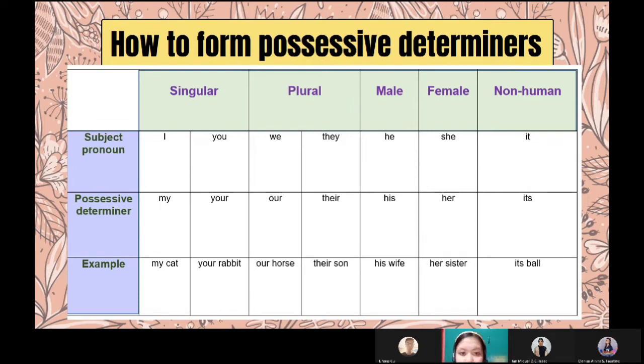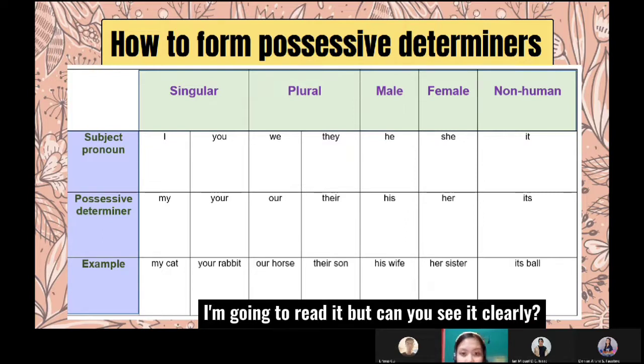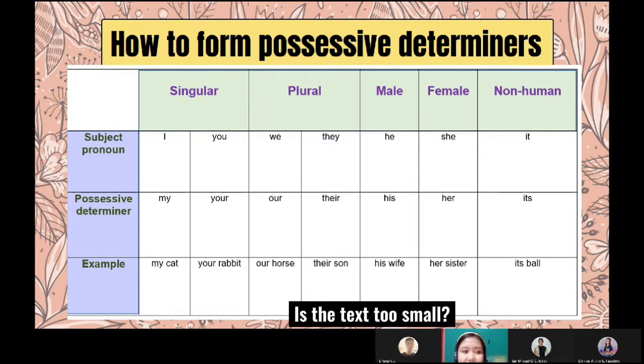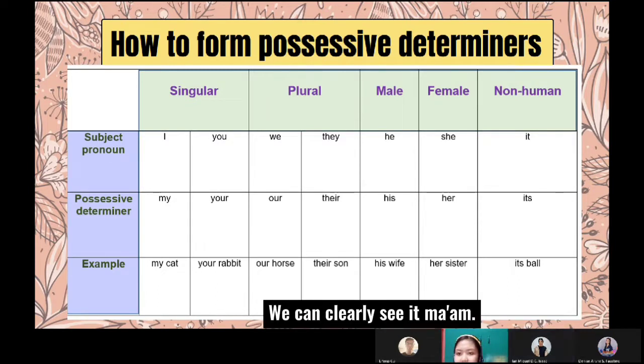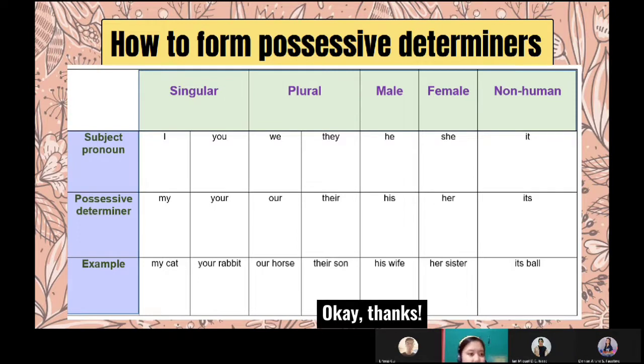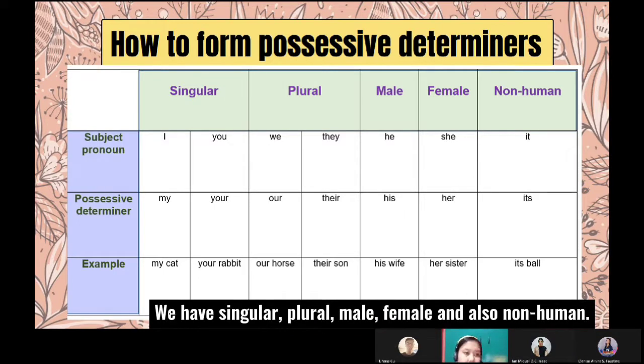Here's the table. Can you read it? I'm going to read it, but can you see it clearly? Is the text too small? You can clearly see it, ma'am. Okay, thanks.